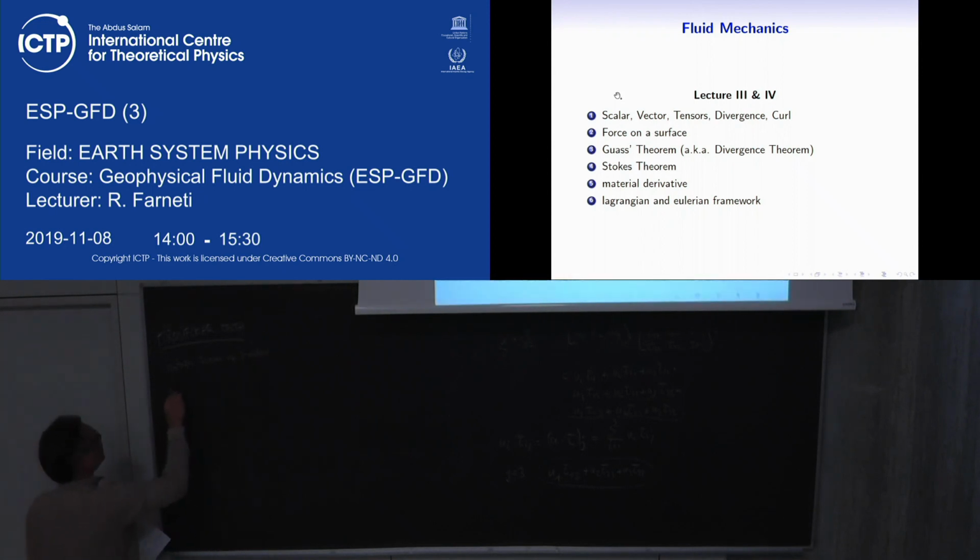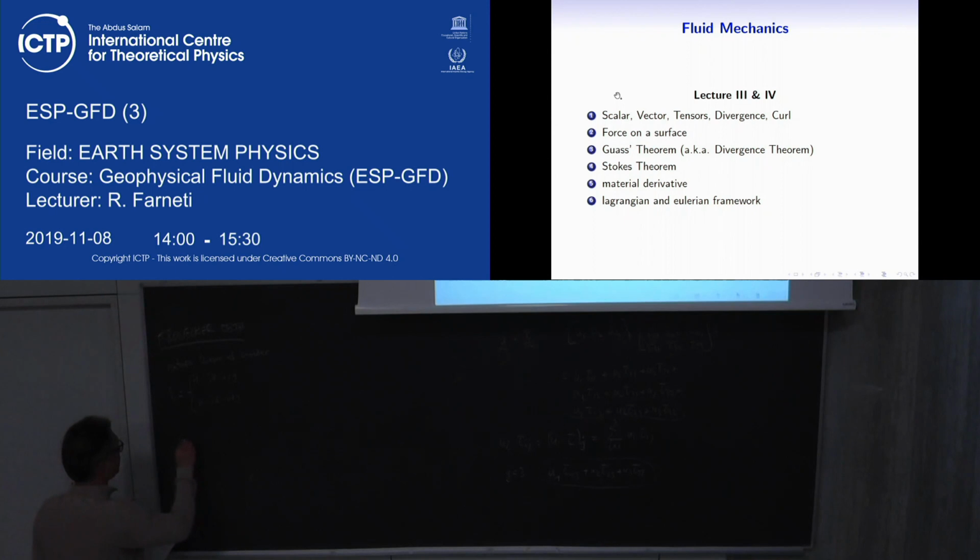The Kronecker delta is defined as delta ij equal to 1 if i is equal to j, and 0 if i is not equal to j.